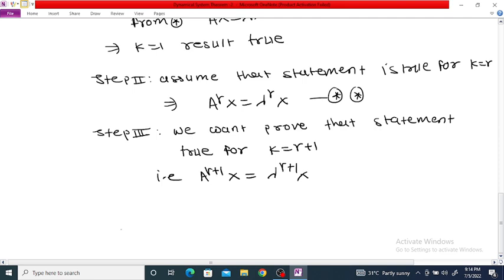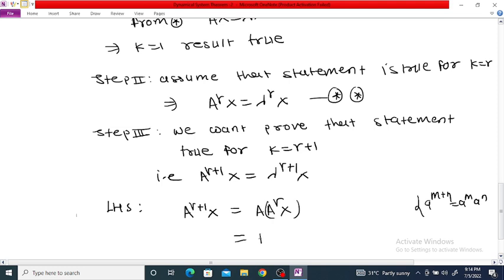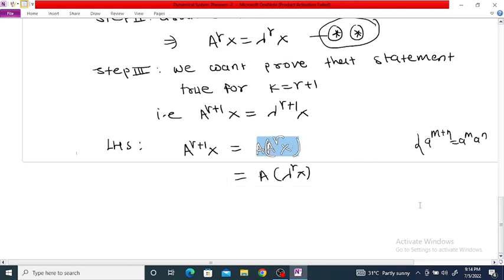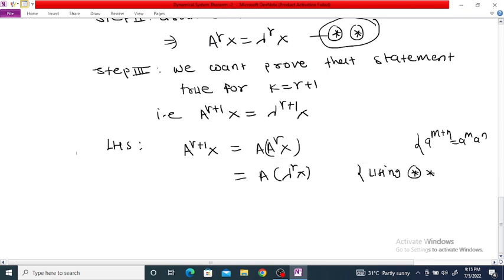Now consider the LHS. What is the LHS here? A raised to r plus 1 x. We can write this, as we know that A raised to m plus n is equal to A raised to m times A raised to n, as A times A raised to r x. But what is A raised to r x? By using equation number double star, A raised to r x is lambda raised to r x. So this is A times lambda raised to r x.